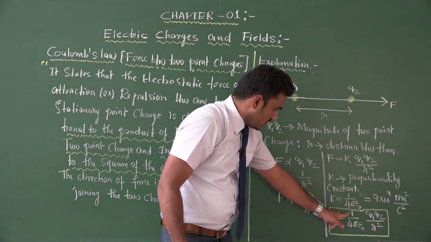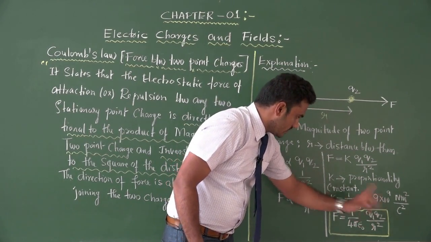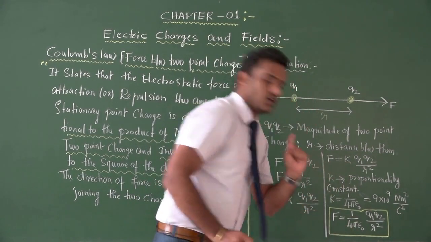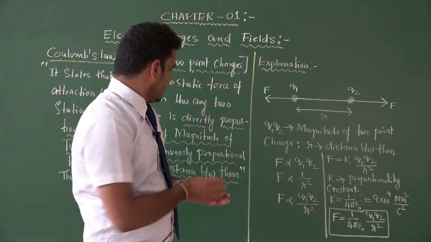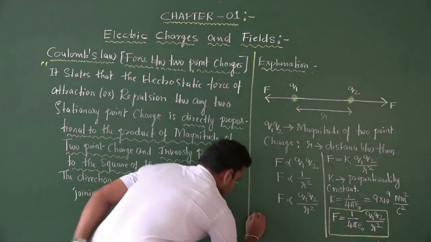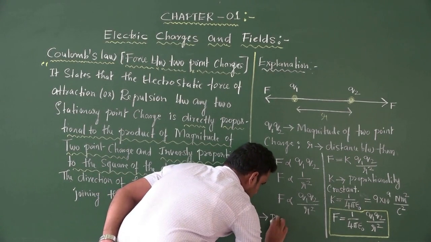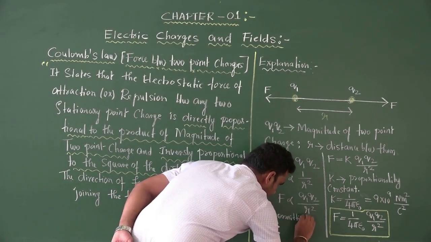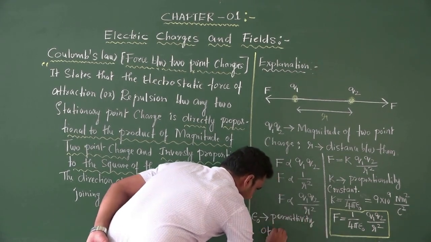F is equal to 1 over 4 pi epsilon naught Q1 Q2 divided by r squared. Here one thing you can notice, epsilon naught is there. What does that epsilon naught indicate? Epsilon naught represents the permittivity of free space.